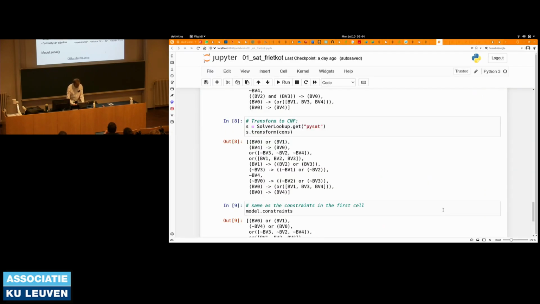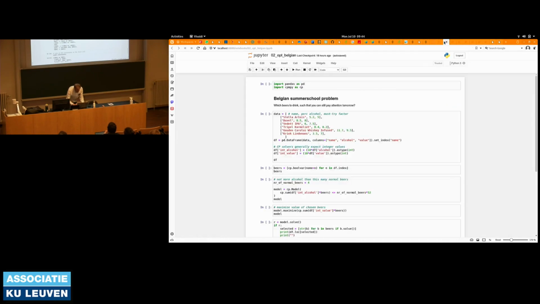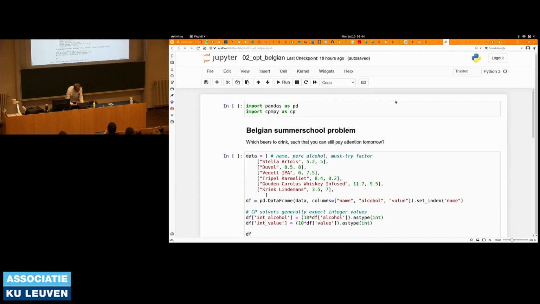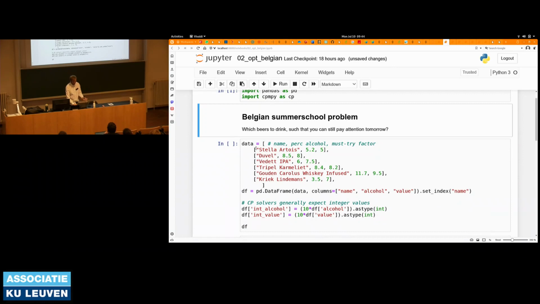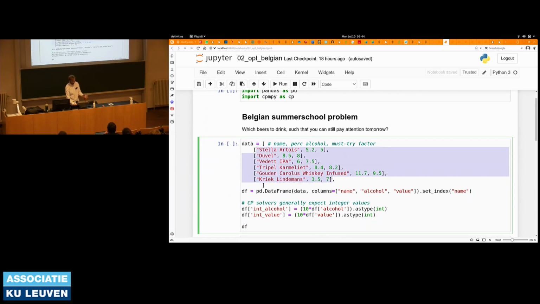Okay, so let's do that. All right, the Belgian summer school problem. We're also going to use the Pandas Python library, which allows us to have this little list of data. It has the alcohol percentage and my recommended score for each of these beers.